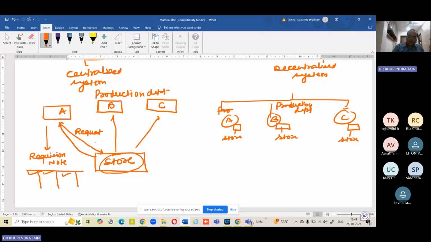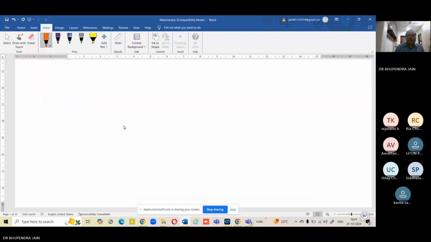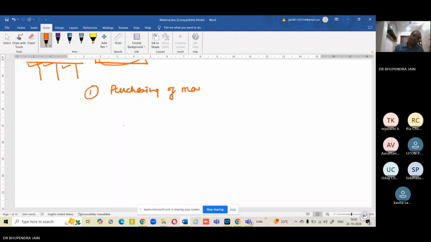So now I am giving some steps for material control and for store accounting or material accounting. The first step is the purchasing of material.